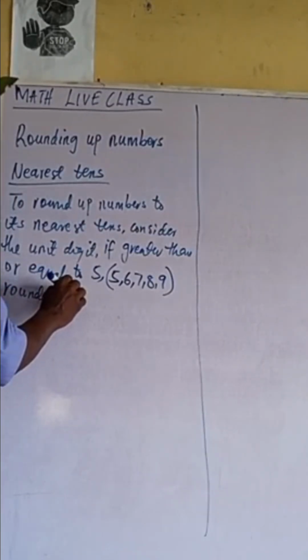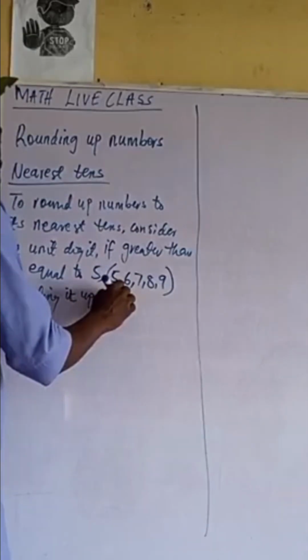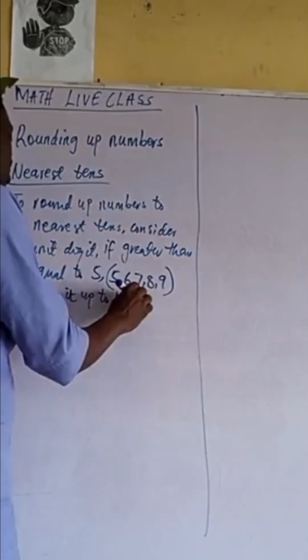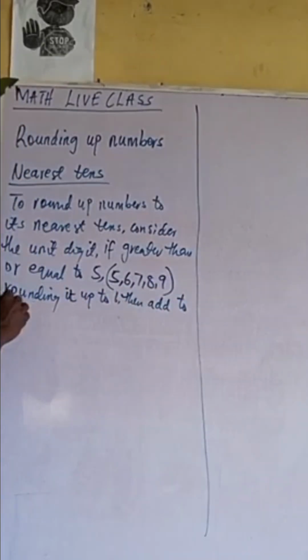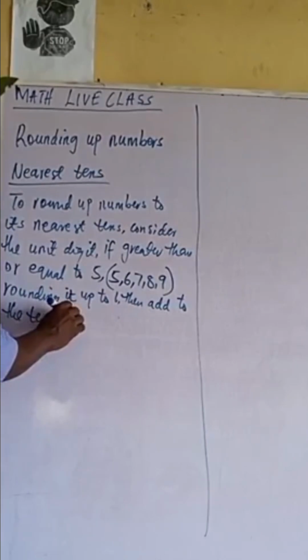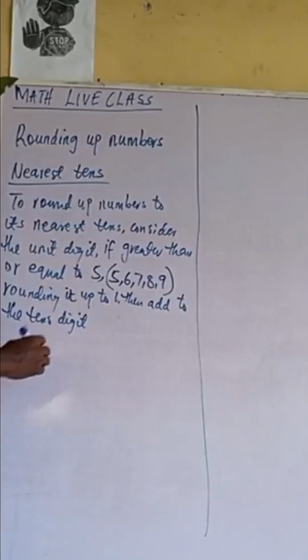Round it up to 1, then add to the tens digit. Round it up to 1, then add to the tens digit.